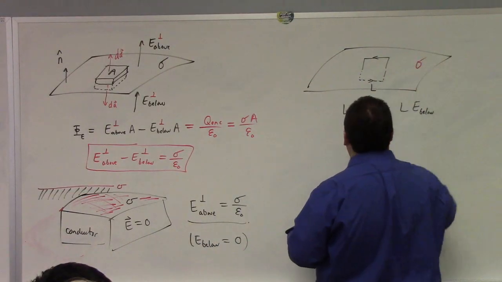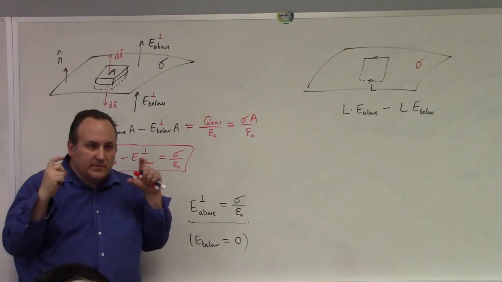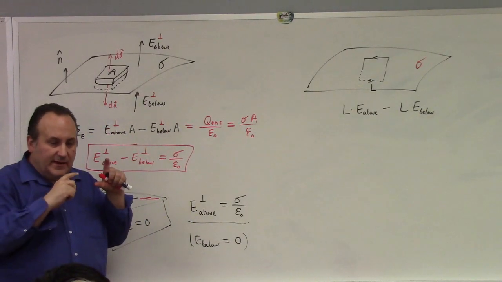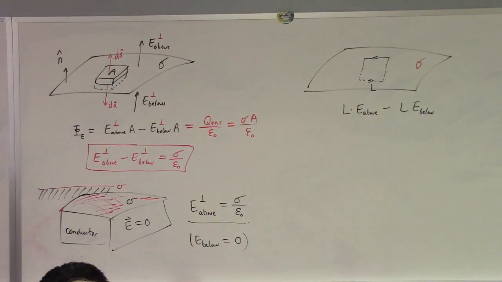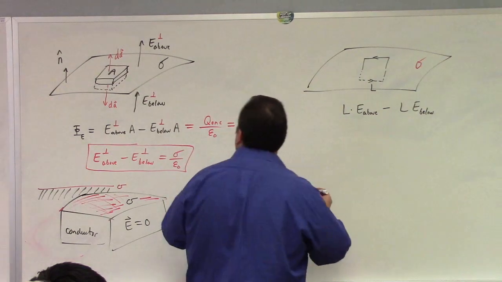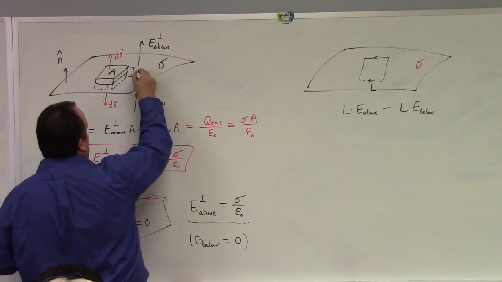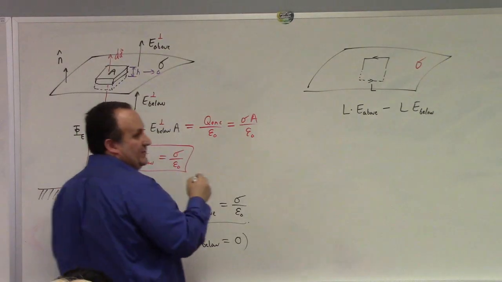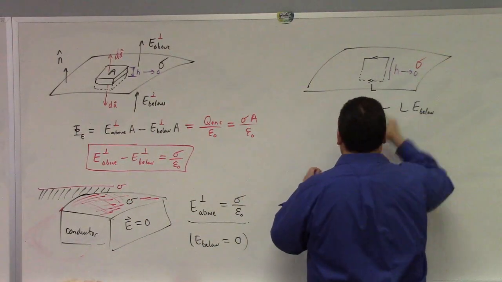Again, I'm thinking about a surface with charge density, and imagining a little loop. My loop is not little enough at the moment, because I really want to imagine that this height h is going to 0, and likewise here, this h I want to let go to 0.